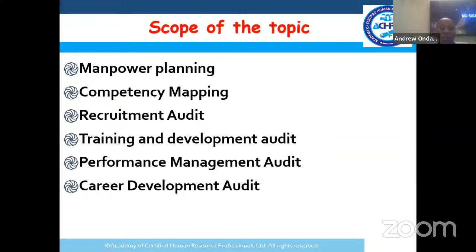Then lastly, we are going to look at career development audit, especially for those people who are joining the industry or the organization today. Even those who have been around, there's need to look at their career development and audit whether or not there are such opportunities for them and how best we can improve this process. It is argued that career development is one of the retention strategies.